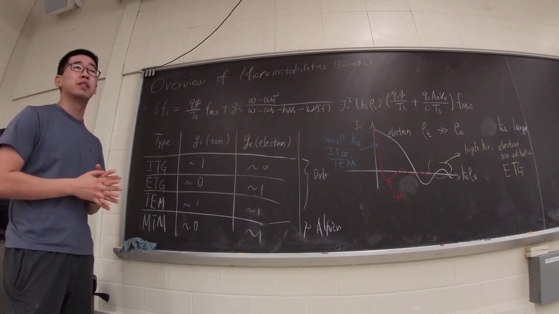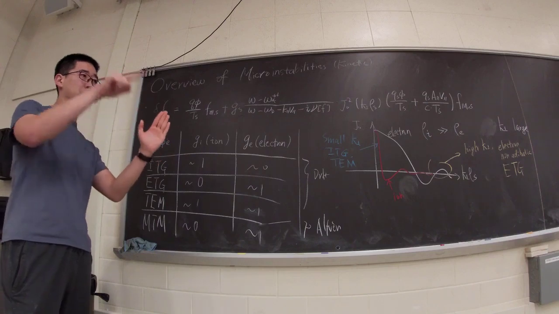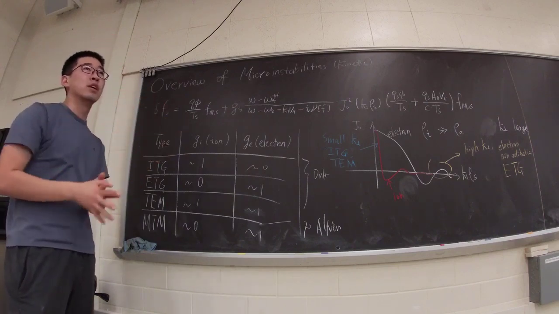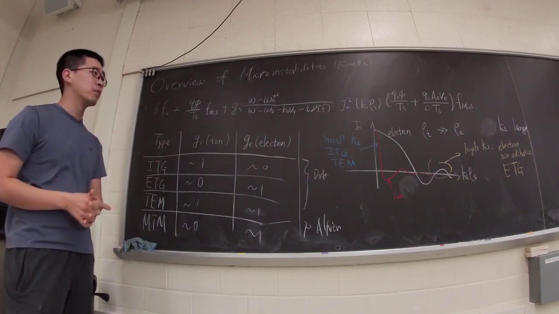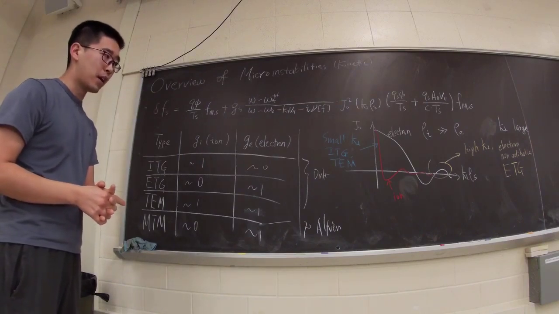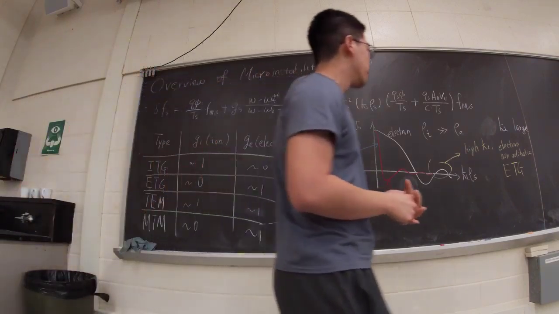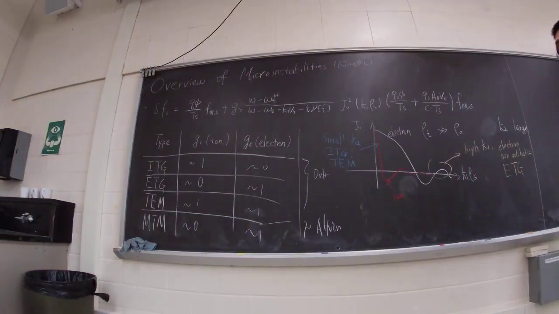The current sheet is basically the width of the magnetic island. The particle can move freely in between. If it keeps growing, then that will have a negative impact on H-mode development. So that's the basic concept of all those types of modes.